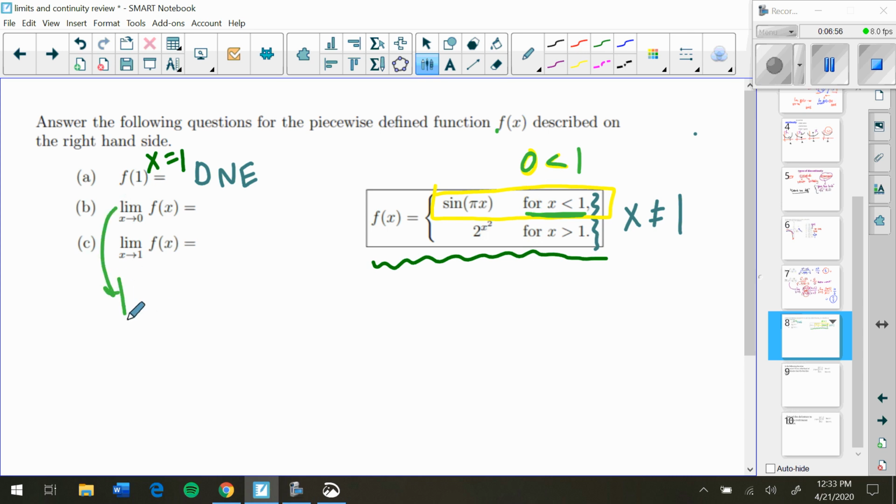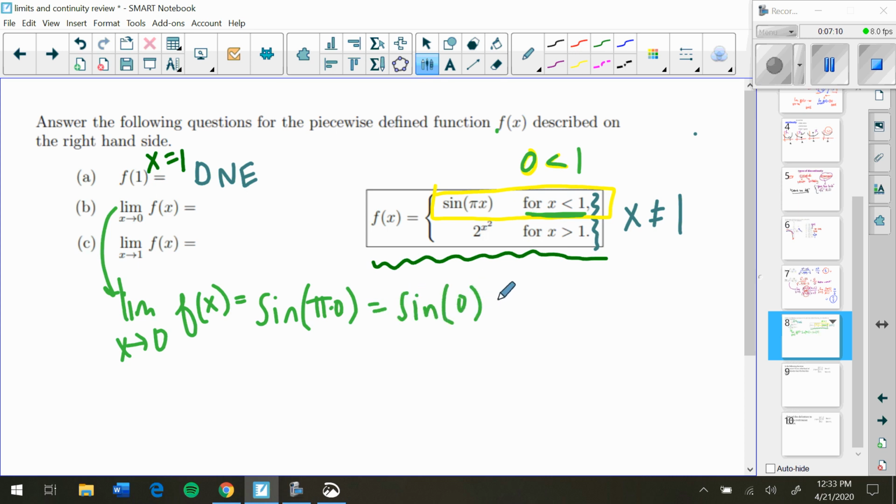So the limit as x approaches 0 of my function is equal to sine of pi times 0, or sine of 0. I'm thinking about my graph of sine here, so I know it looks like this, right? What is sine equal to at 0? It's equal to, well, 0.